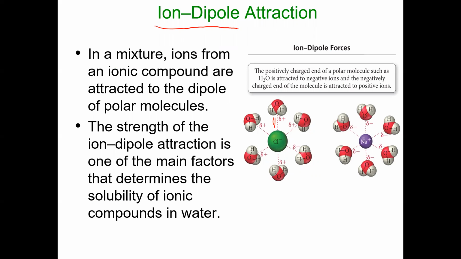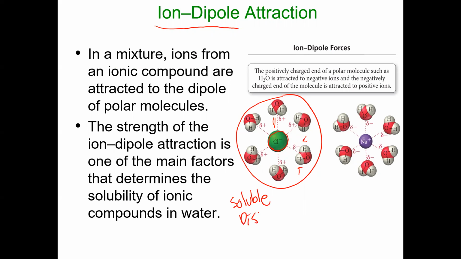Ion-dipole attraction. We see that the negatively charged chloride anion is surrounded by the partially positive charges of the water molecule. That's termed the surrounding of the solvent. After the dissociation of the ions, the surrounding of the solvent is what we refer to as soluble, or dissolving.